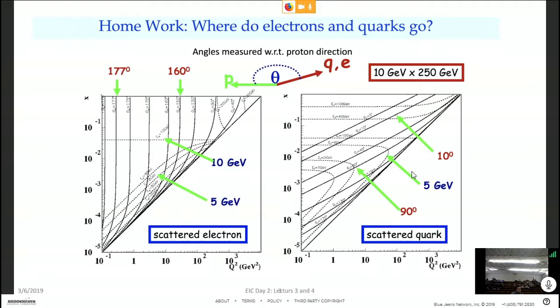If you want to measure 10 to the minus 5 in x and a Q squared range of 200 GeV or 400 GeV, I can't measure that with this collider. I'll have to do something completely different. I have to go to a much higher collider region. So theorists have to also figure out why there are limitations, and these plots make that clear, not just for experimentalists but also for theorists.